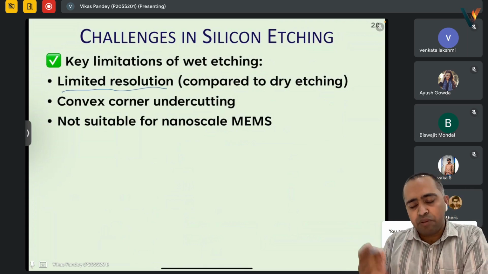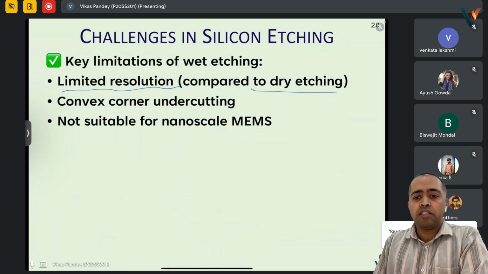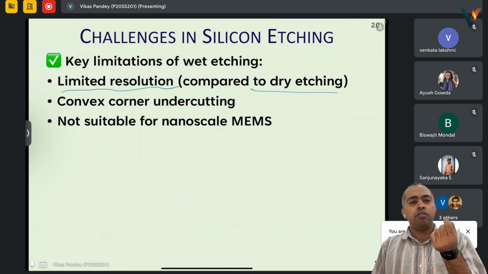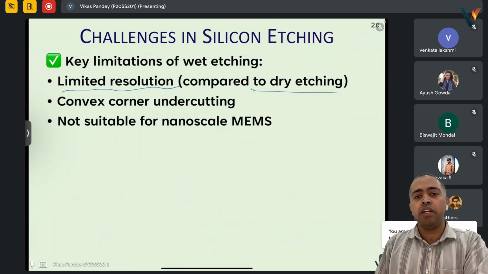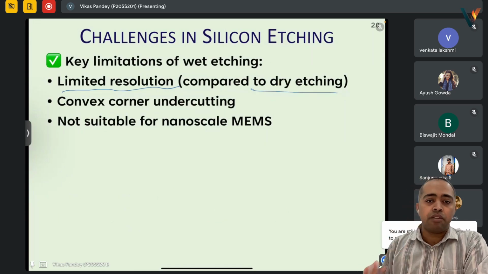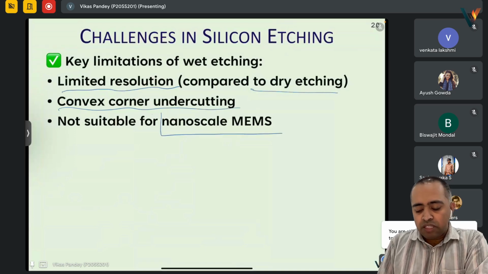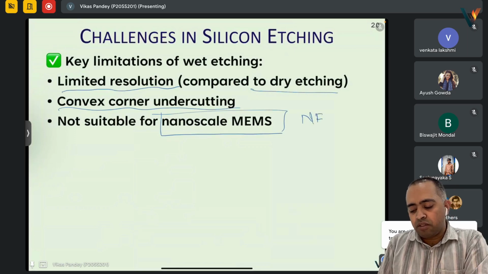If you compare with dry etching, resolution, in the sense of how sharp the images are and how small the features are, like what are the smallest features that can be etched out, that is limited for wet etching. Second, we have seen convex corner undercutting, and when we are going for nanoscale MEMS or NEMS, wet etching is not suitable.